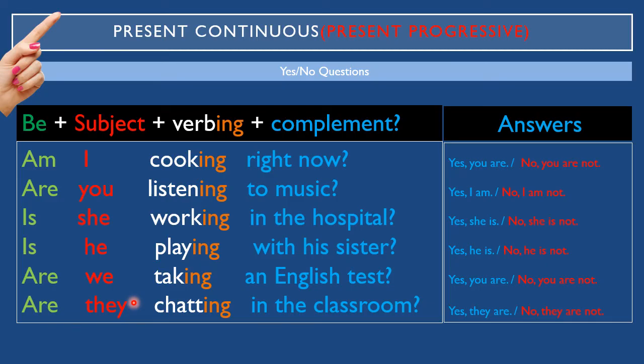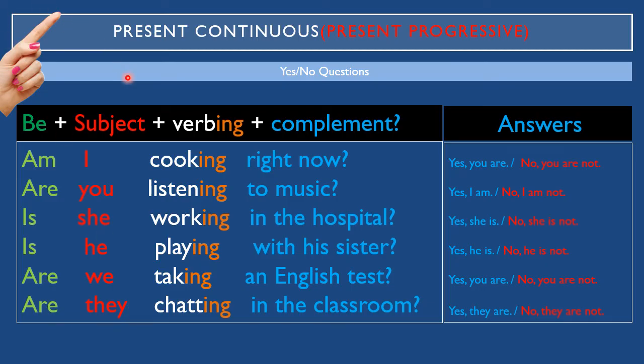No, she's not. Is he playing with his sister? Yes, he is. No, he's not. Are we taking an English test? Yes, you are. No, you're not. Are they shouting in the classroom? Yes, they are. No, they are not.